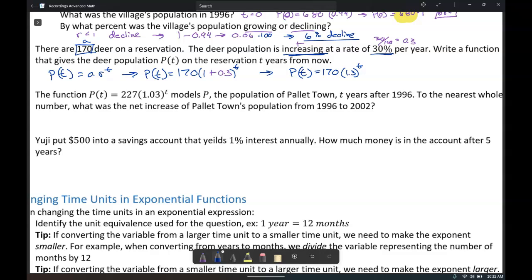Here we have another function that models population after 1996. To the nearest whole number, what was the net increase? In order to find the net increase, we have to know how many people there were in 1996 and how many in 2002. Again, 1996 is time equals 0, so p of 0 is always going to be equal to the initial value, 227. 2002 is time equals 6, 6 years after 1996, so we want to solve for p of 6.